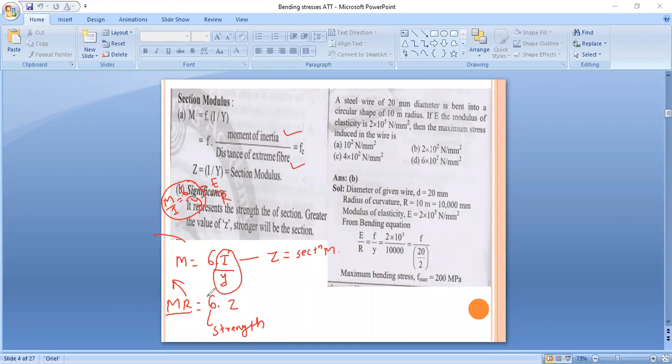If our input is stress, then we say bending moment or maximum bending moment. Strength means strength of material, that is material property. If our input is material property, then moment of resistance comes. If our input is stress, then bending moment comes.